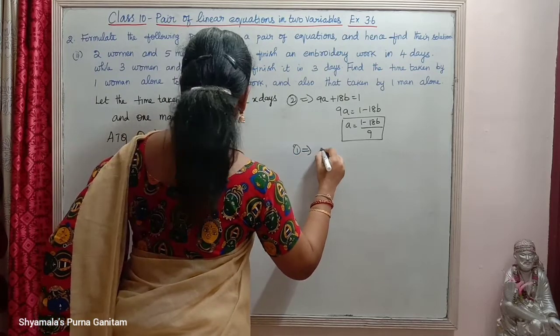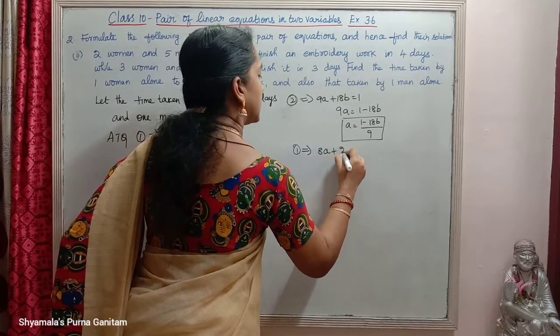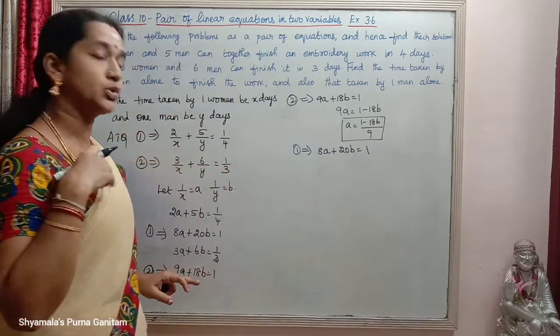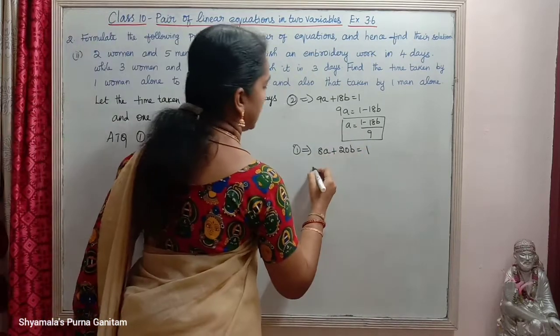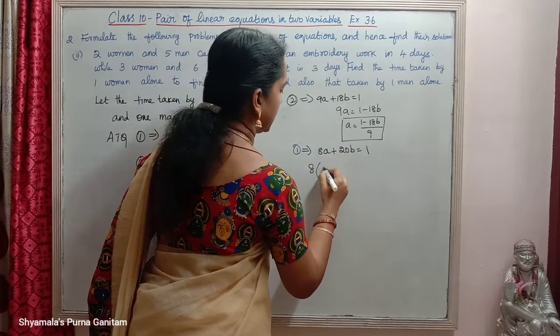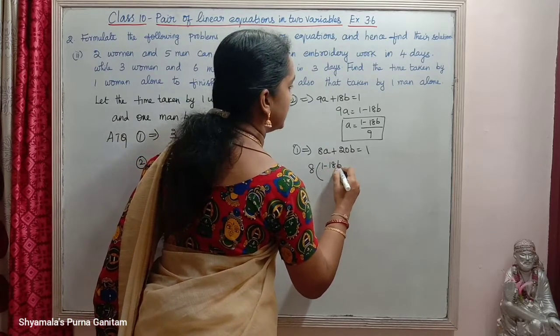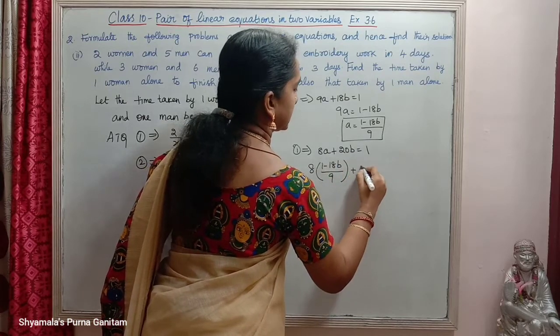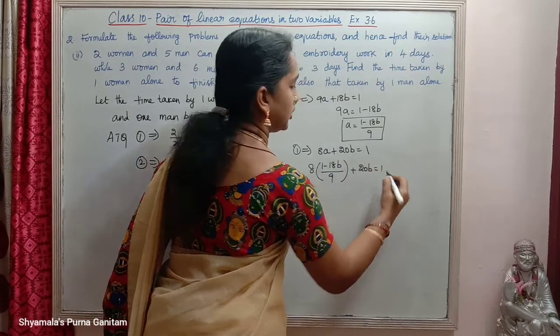This is the a value that we will substitute in the first equation, 8a plus 20b is equal to 1. So a we got as (1 minus 18b) by 9, so 8 into (1 minus 18b) by 9 plus 20b is equal to 1.